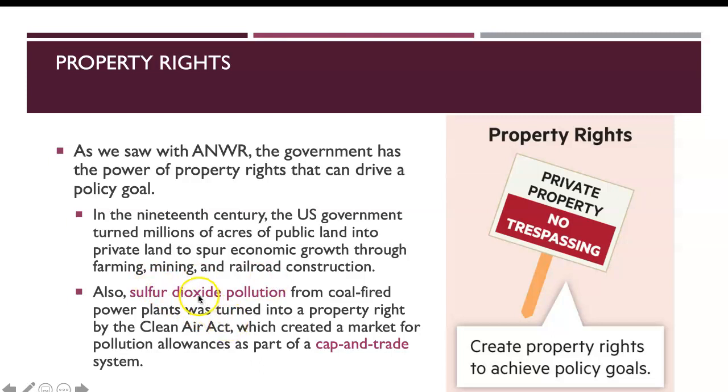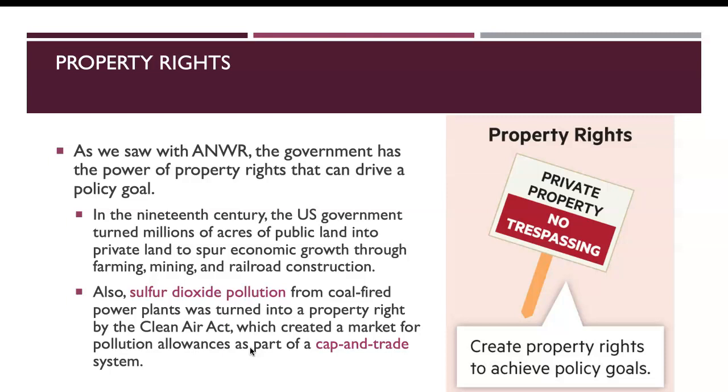Also, sulfur dioxide pollution, which contributes to acid rain, and particulate matter contamination from coal-fired power plants were turned into a property right by the Clean Air Act. That created a market for pollution allowances as part of the cap and trade system.